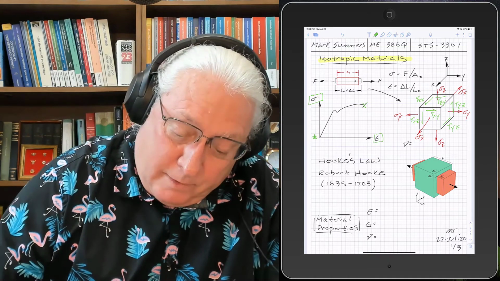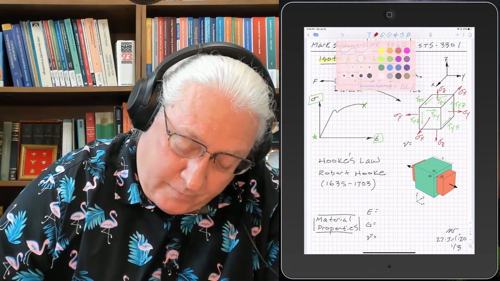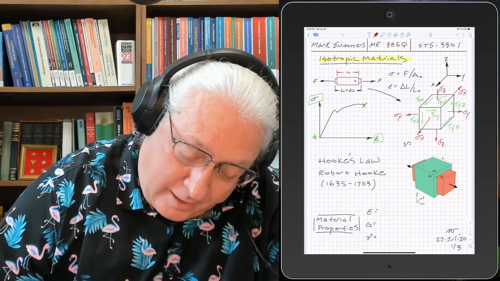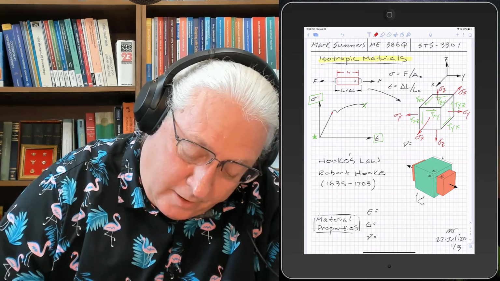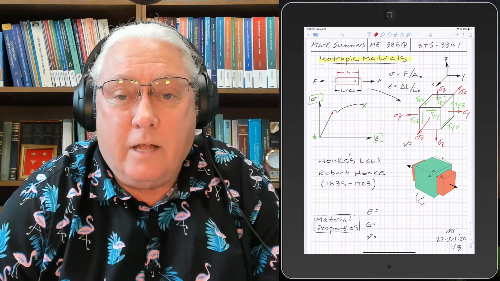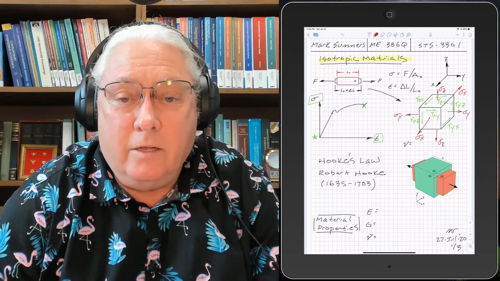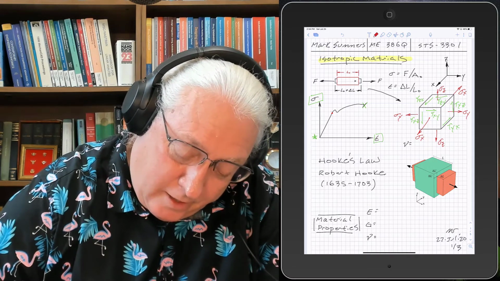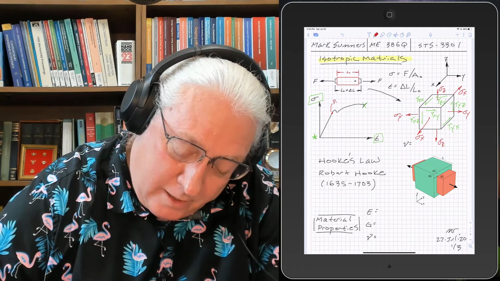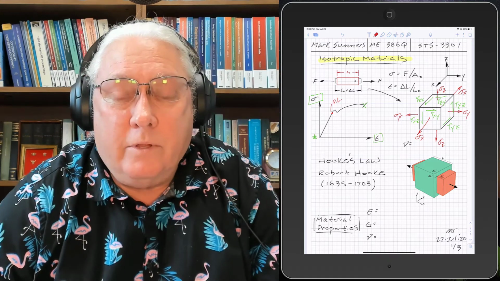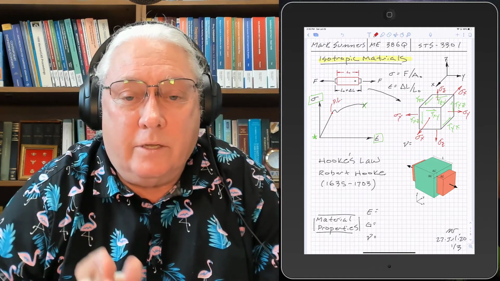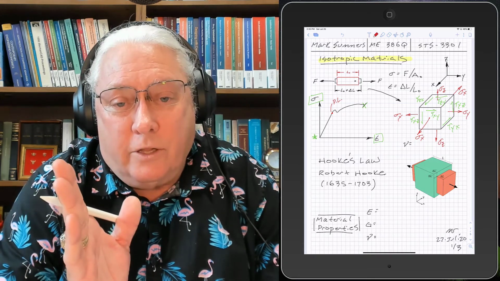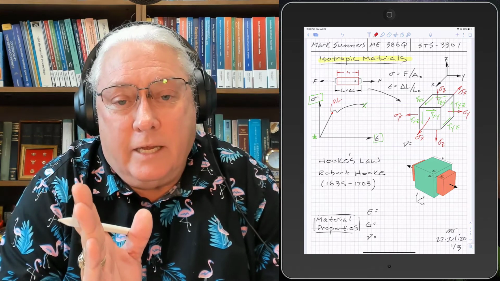Let's define some additional points on this material plot. This is for materials that are isotropic and obey Hooke's law, which we'll talk about in a minute. This point right here is the proportional limit, the point at which the curve is no longer linear.